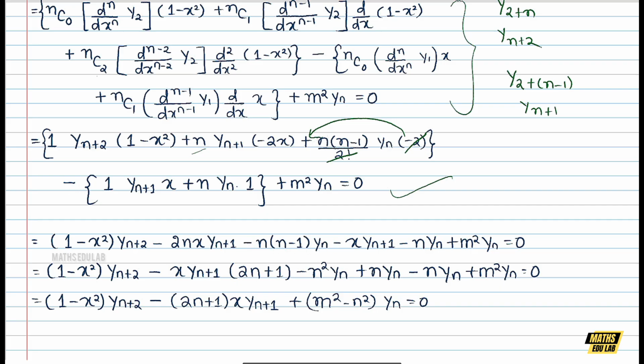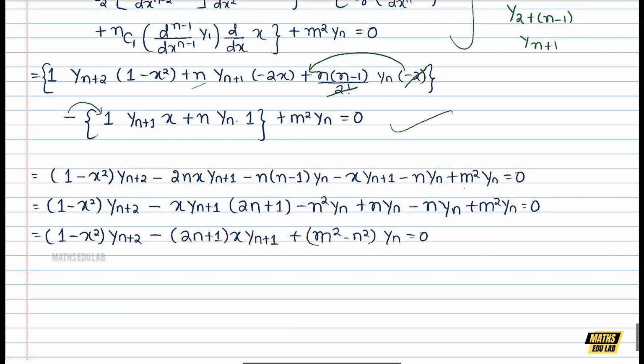And here this minus will multiply in the bracket and it is written as minus x y(n+1) minus n yn plus m square yn is equal to 0. So here also we have a common term x y(n+1).